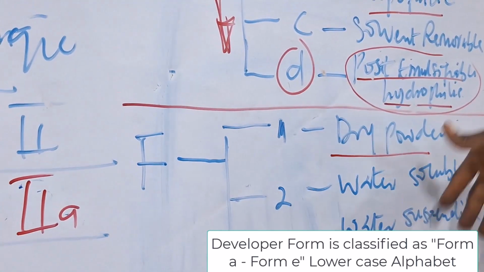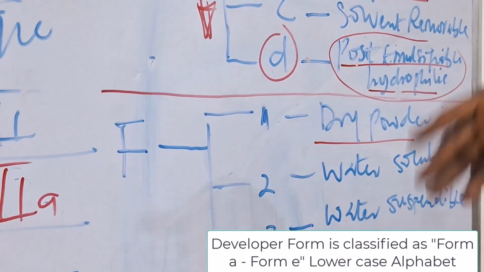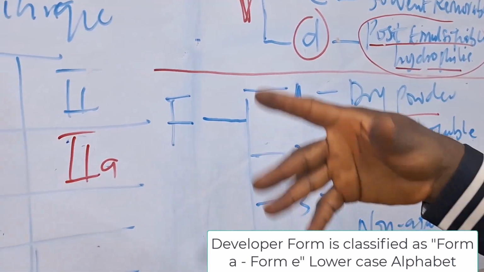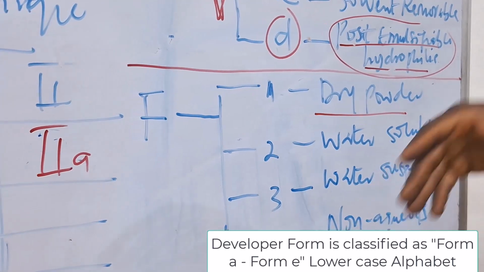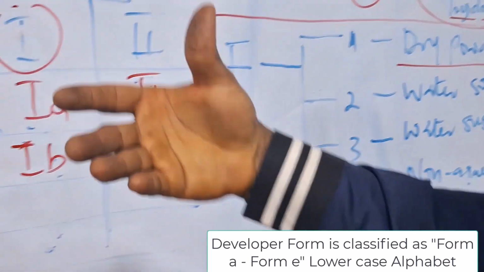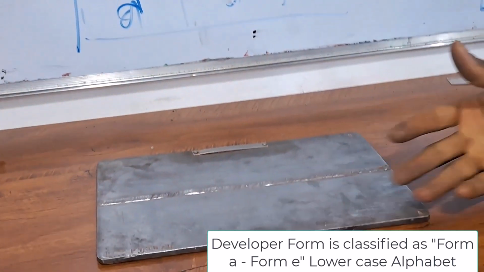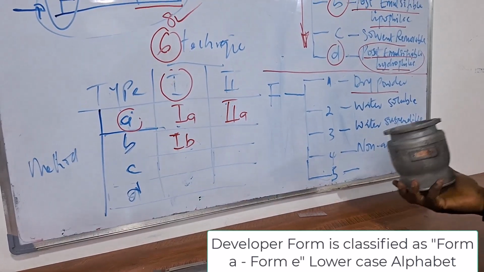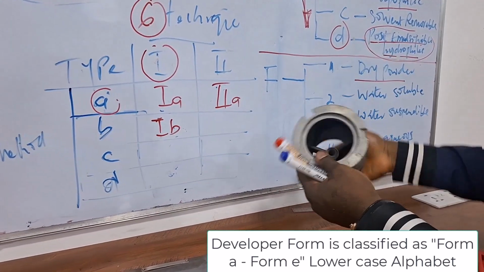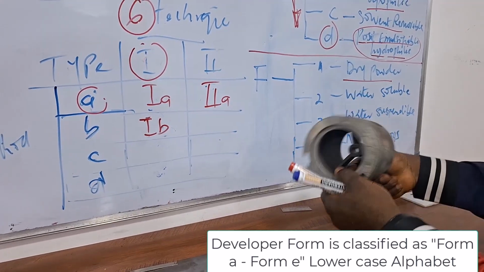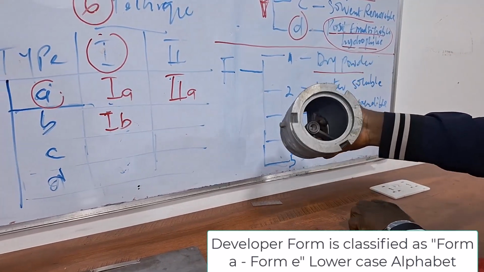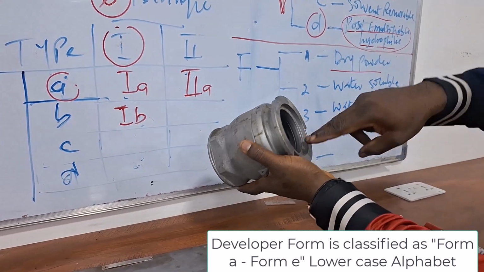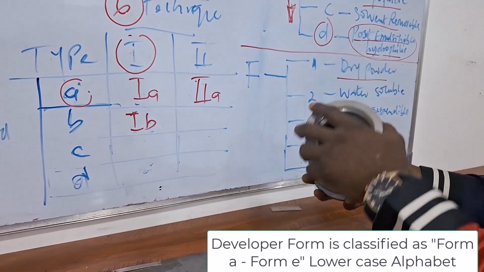If you now want to determine the best type of developer to use, it is determined by a whole lot of factors, which could depend on the size of the material that you want to inspect and the intricate nature of the material. For example, if I use the dry powder method, it is very difficult for the powder to go into certain areas, so I'll be better off using non-aqueous.